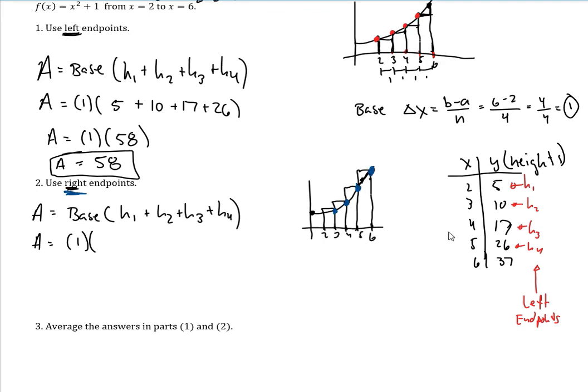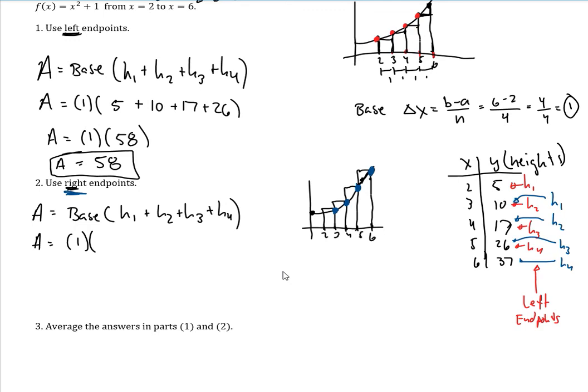Those are my x coordinates that help me get the height. So I really want to start at 3 here. So this 10 would be my height 1. And then the 17 is height 2. The 26 is the height 3. And then the 37 is the height 4. Okay, so it's like they all just shifted down 1.